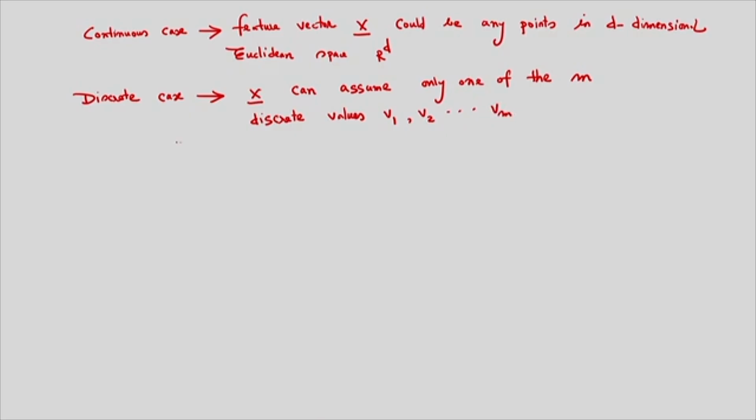So in case of the continuous case, we considered integration. This we consider the integration of the class conditional density, that is the likelihood. And in case of the discrete case, this is replaced by summation. This is the summation over x for all the feature values and omega j. So corresponding to this, our Bayes formula will be, already I have explained the Bayes formula.